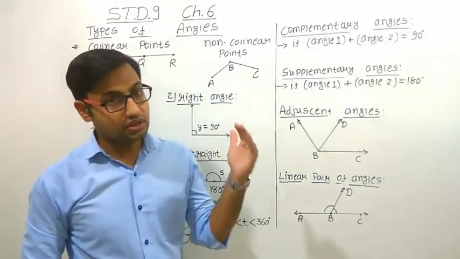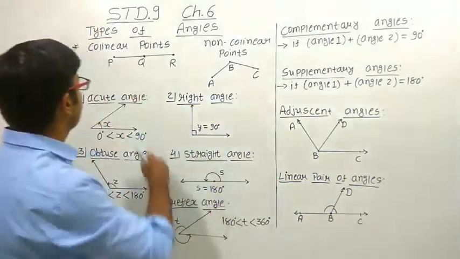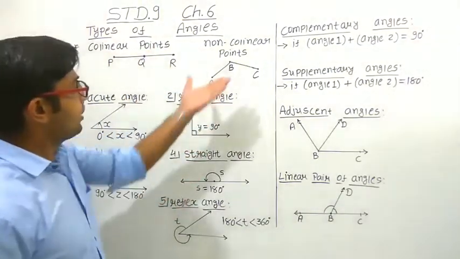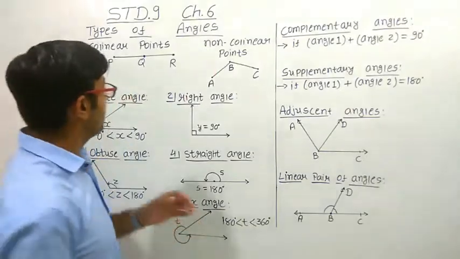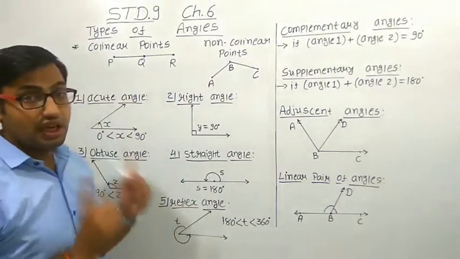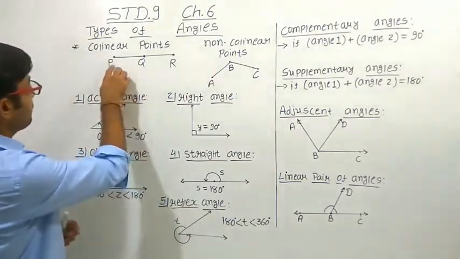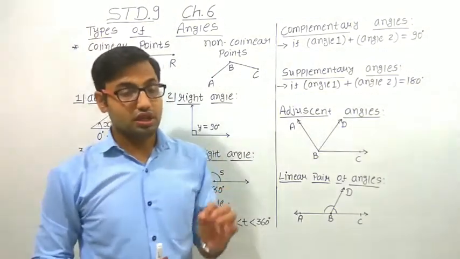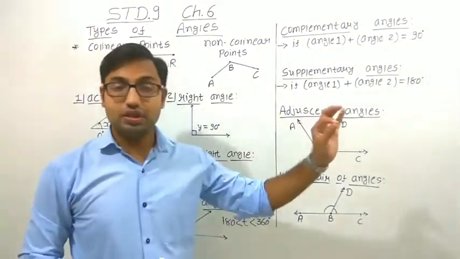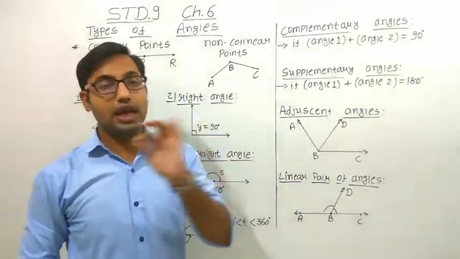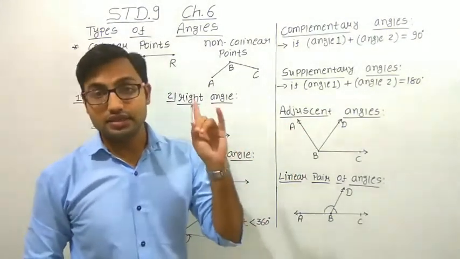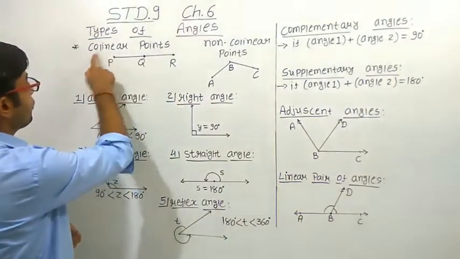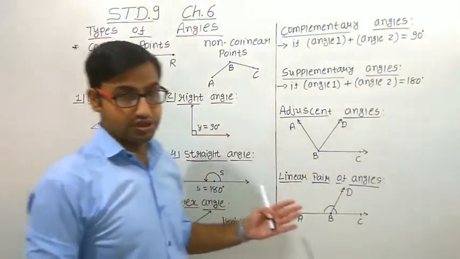So before we study about the angles, let us see about collinear points and non-collinear points. What are collinear points? Suppose there are 3 points P, Q and R. If we can draw a line from those 3 points and that line is a straight line, then those 3 points are called collinear points.